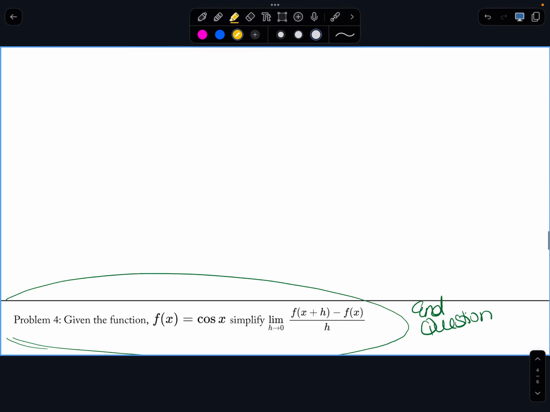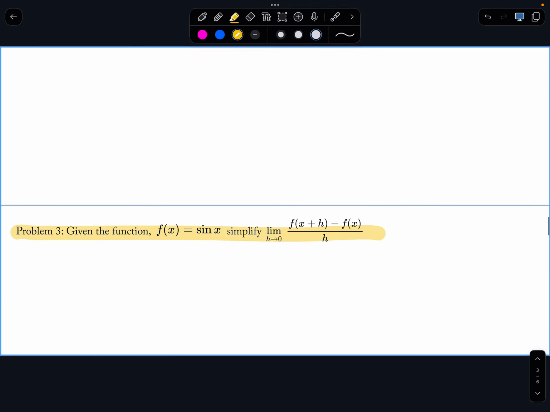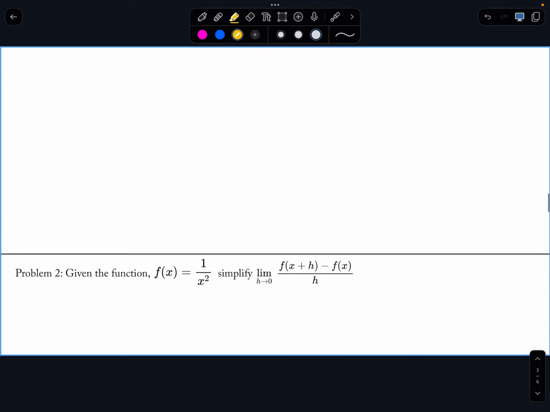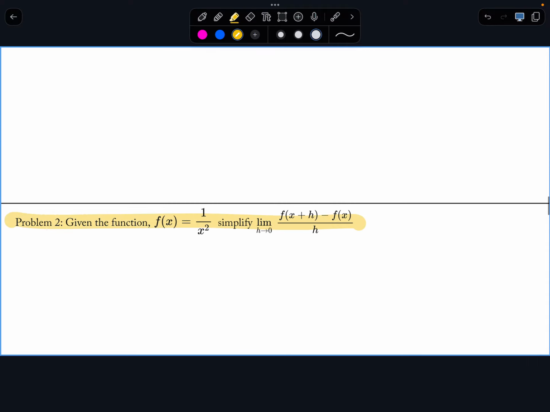And you have to do the end question. I would have done 3. And I would have done 2. So if I was going to roll the dice and not do all the questions in the problem set, I would at least do those because those are a little bit strange.